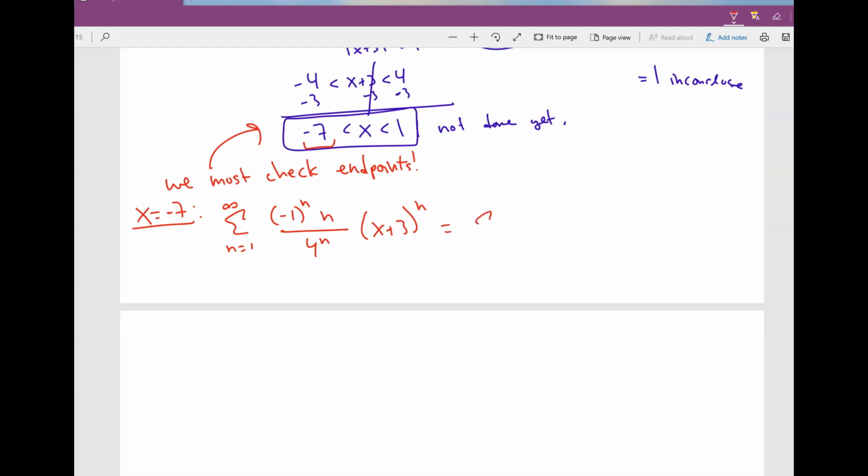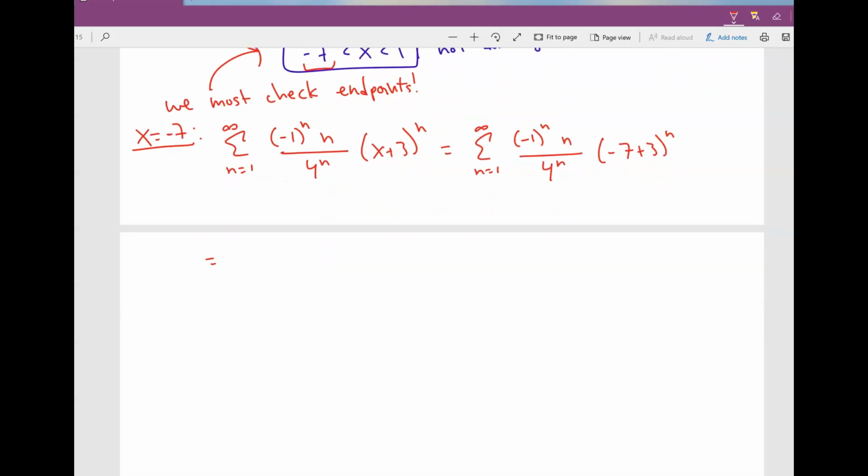So we're going to have the sum from n goes from 1 to infinity of -1 to the n over 4 to the n, -7 plus 3 to the nth power. So we're going to have the sum from n goes from 1 to infinity of -1 to the n over 4 to the n, and then this is going to give me -4 to the n.